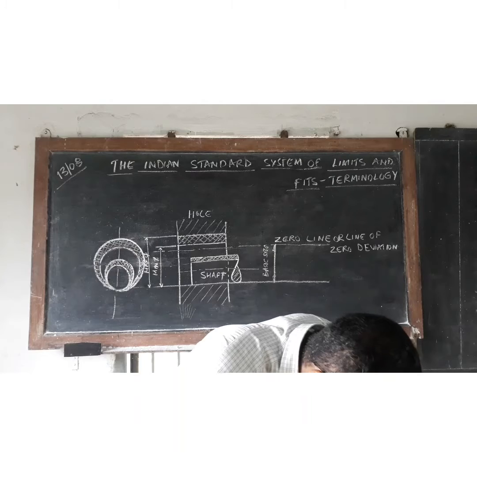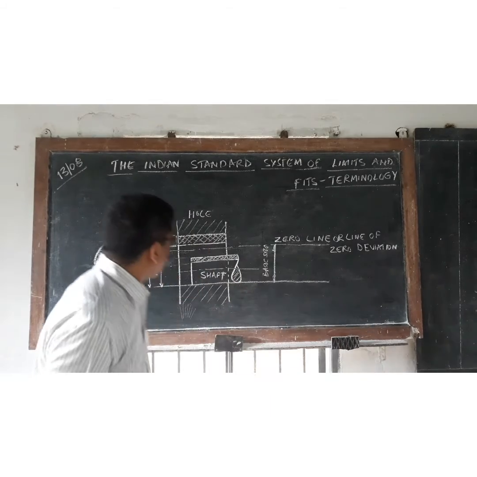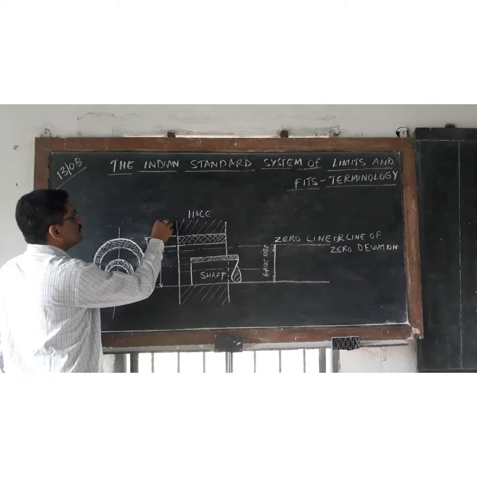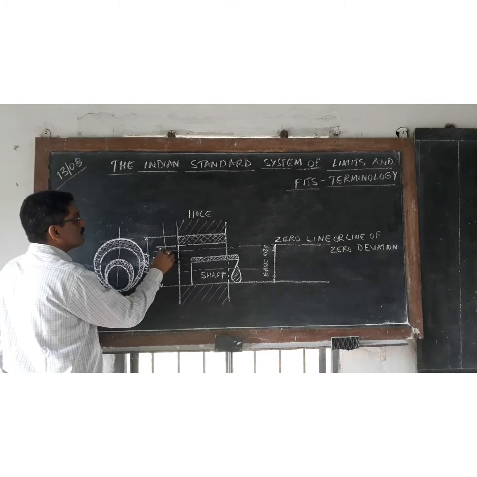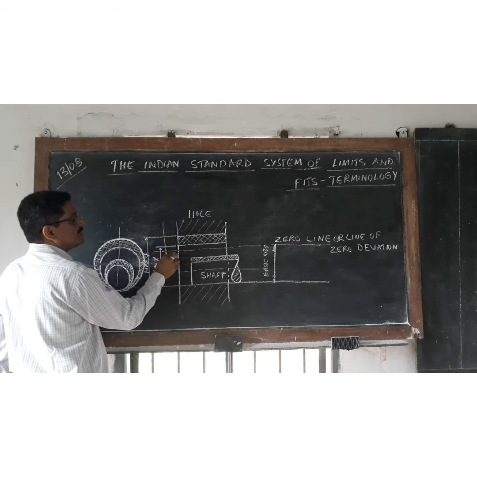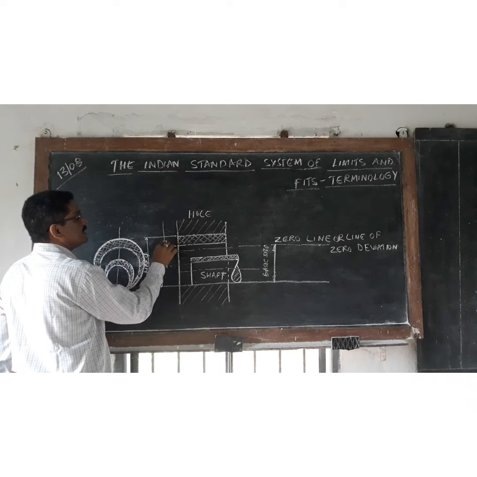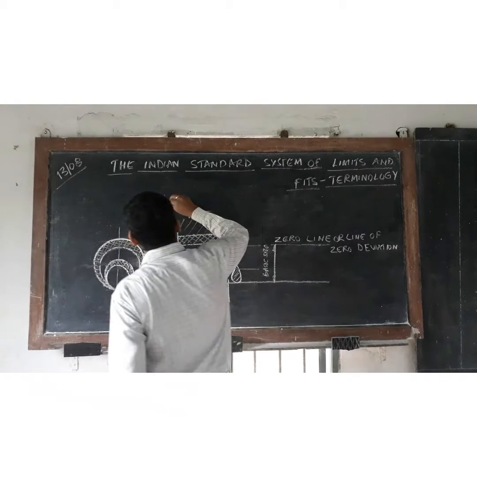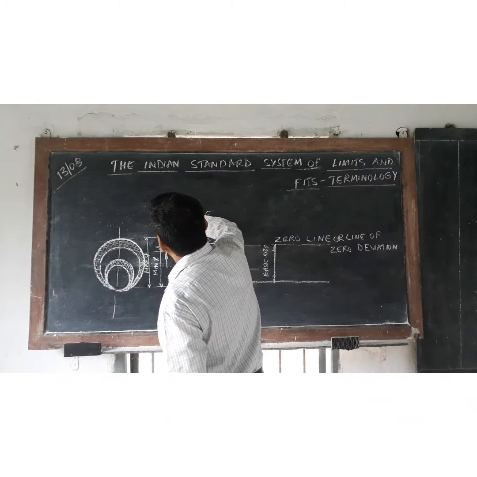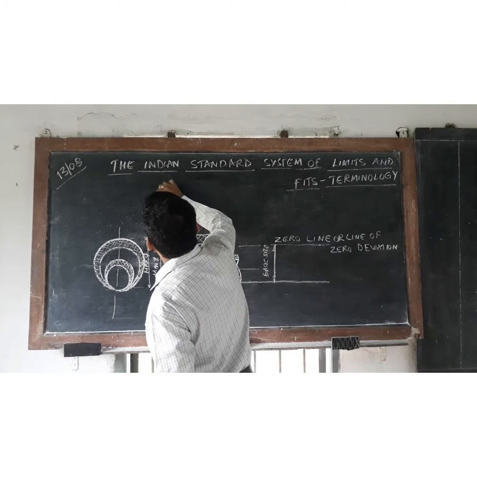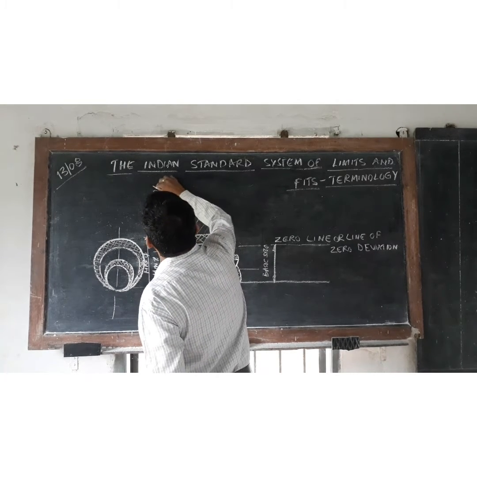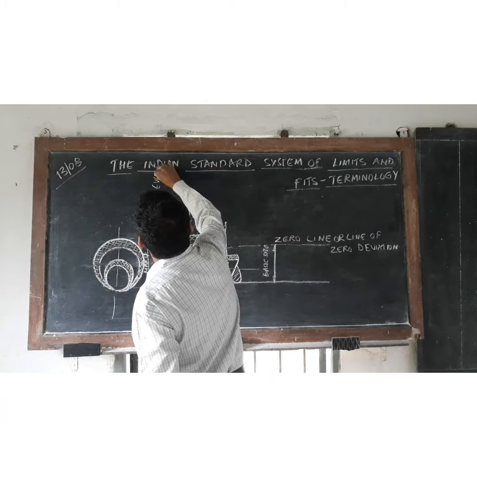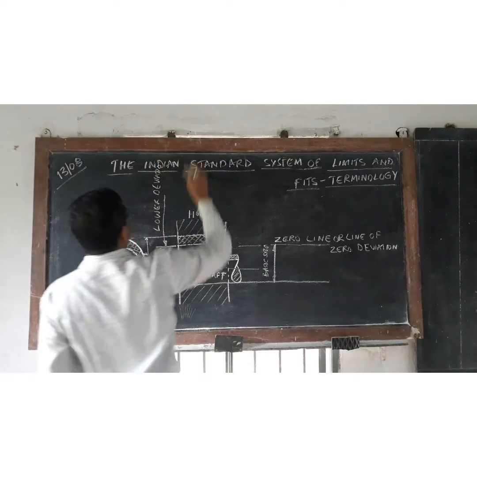Now from the zero line down, the space is not enough, but see the distance from here to this, the zero line and this distance. Keep this exactly in mind, it is very important. This is called the lower deviation.